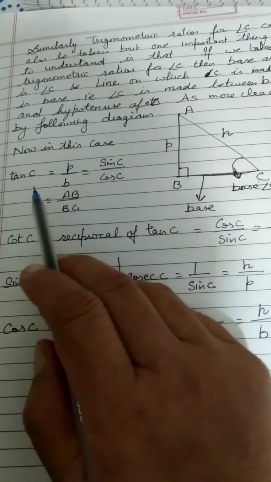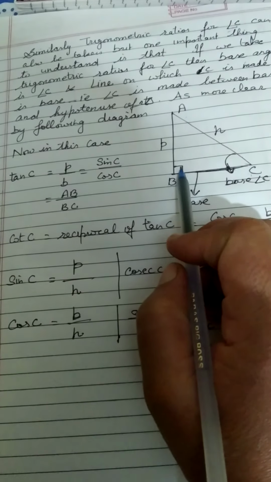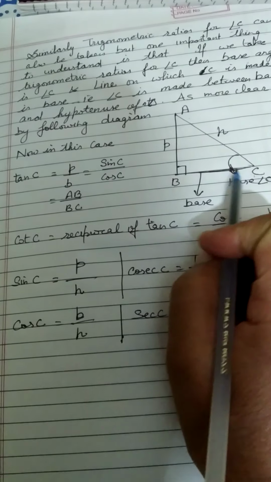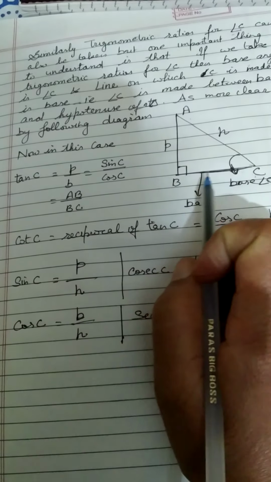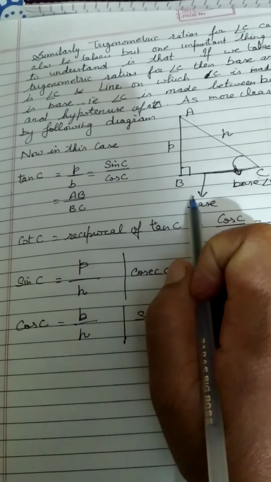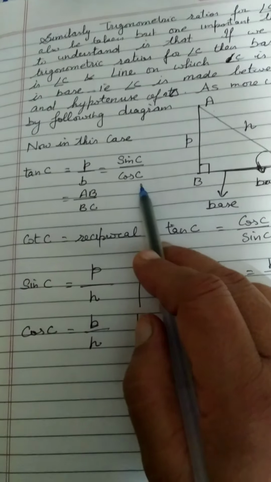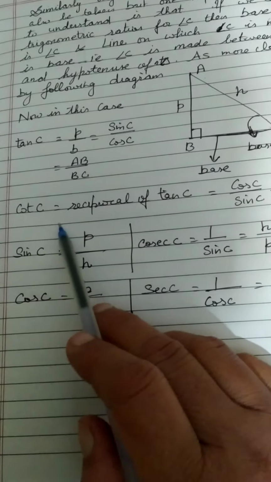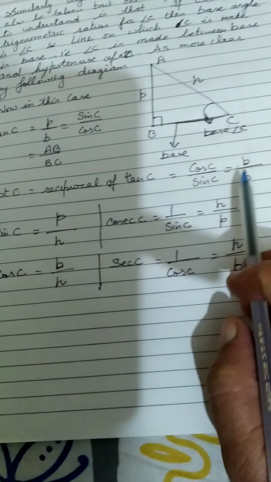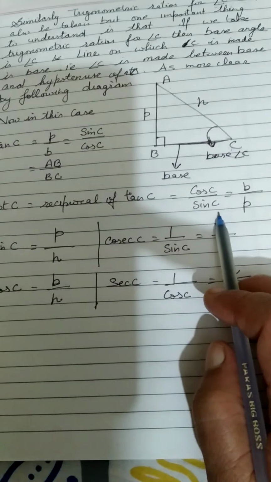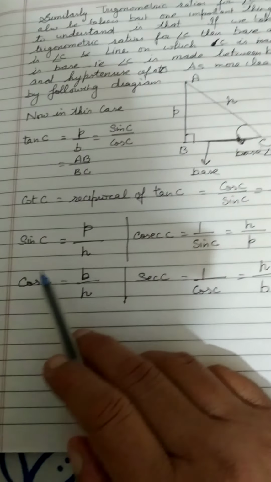Now in this case, tan C will be perpendicular upon base, and perpendicular is always in front of the base angle. Therefore, it will be AB upon BC, P upon B, that is sin C upon cos C. Cot C is reciprocal of tan C, equal to cos C by sin C, equal to base upon perpendicular.